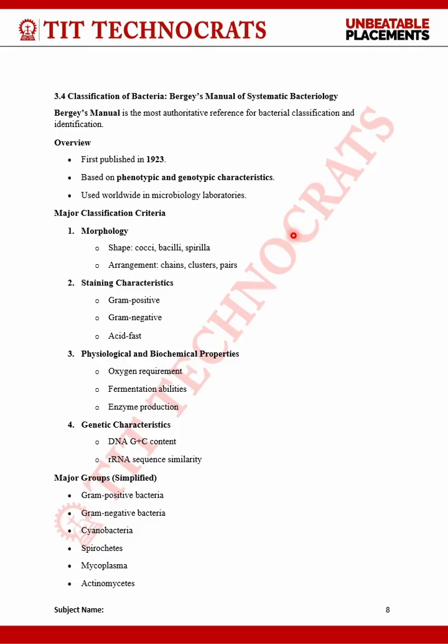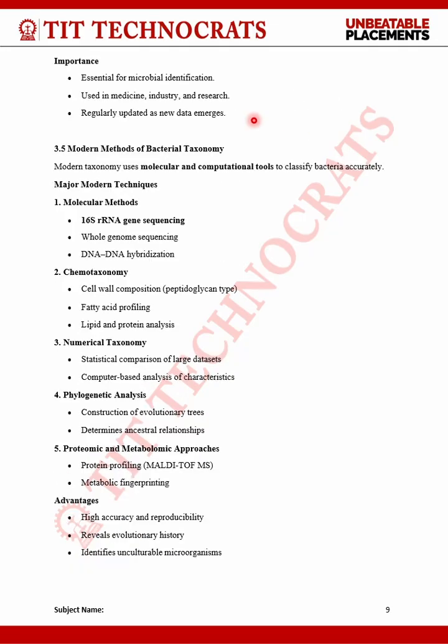Major classification criteria is morphology, staining characteristics like whether they are gram positive, gram negative, acid fast, and physiological and biochemical properties, oxygen requirement, fermentation ability, and enzyme production, and major groups of gram-positive bacteria, gram-negative bacteria, cyanobacteria, mycoplasma, and actinomycetes. Importance: essential for microbial identification, used in medicine and industry and research.